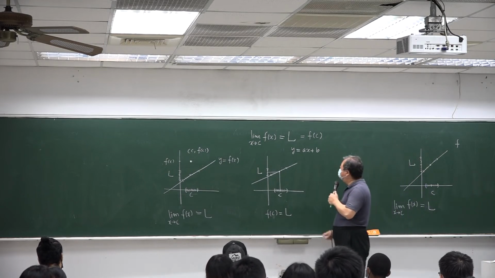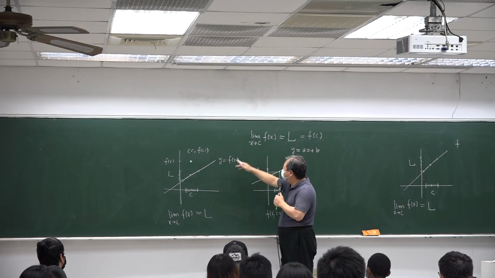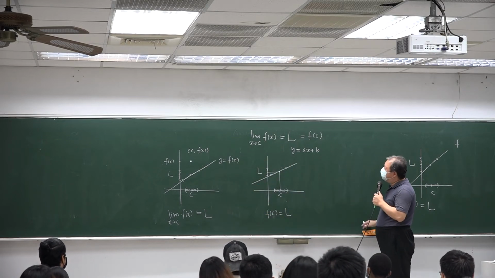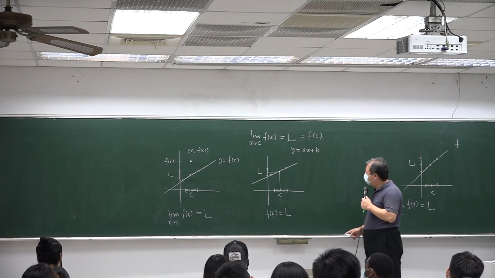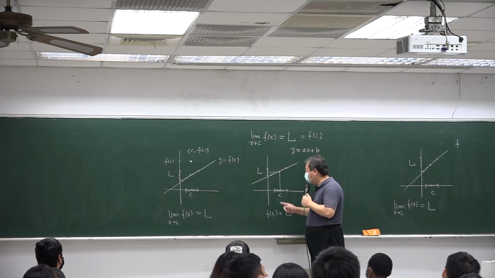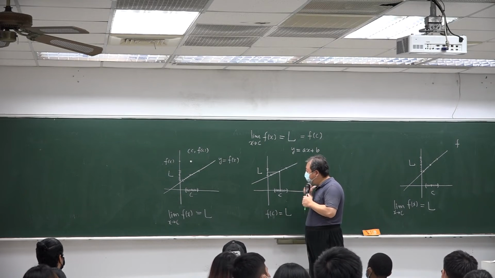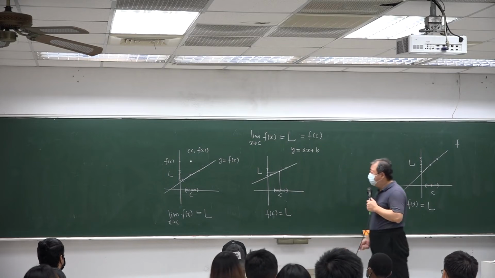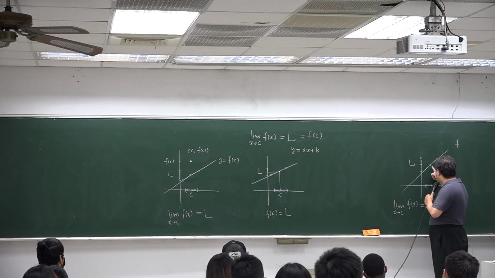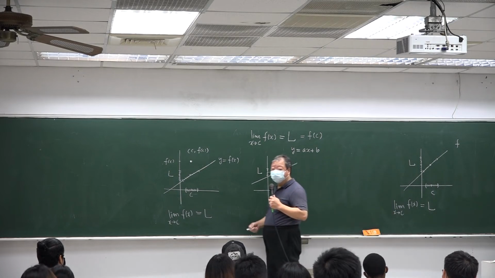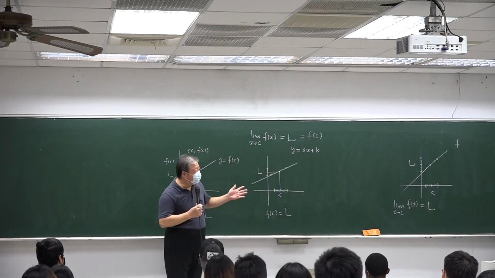Maybe I had better use g of x, h of x, maybe. So talking about limit, we don't care about the exact value of the function f at c. Maybe defined, maybe undefined. Defined like these two cases, undefined like this one. There's a gap. They are all the same. Okay? This is limit.